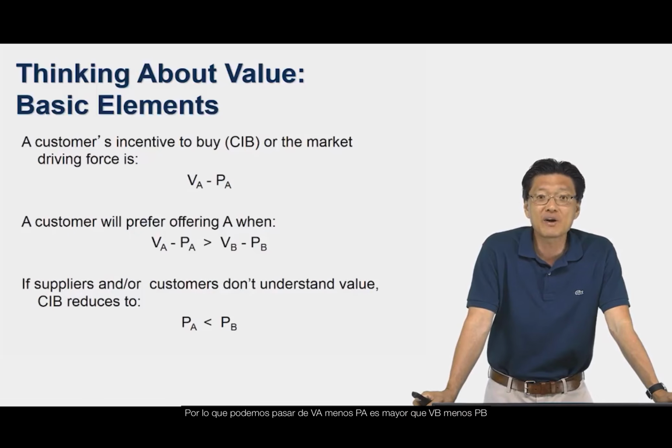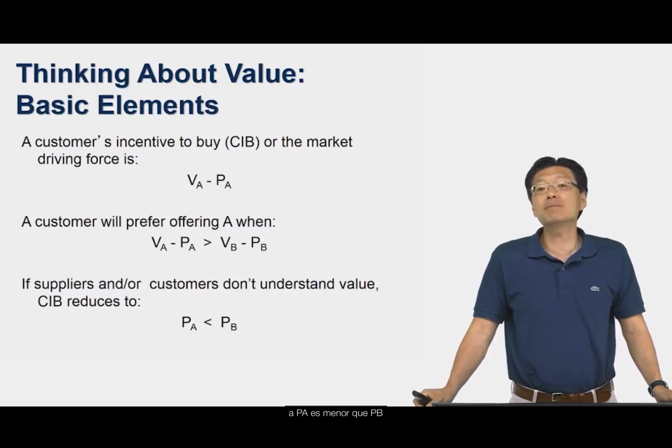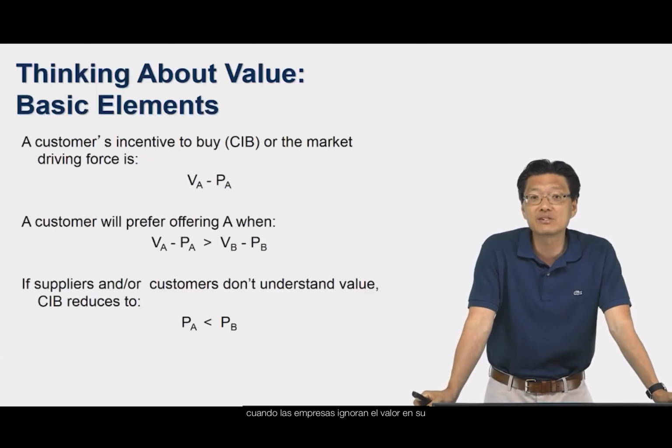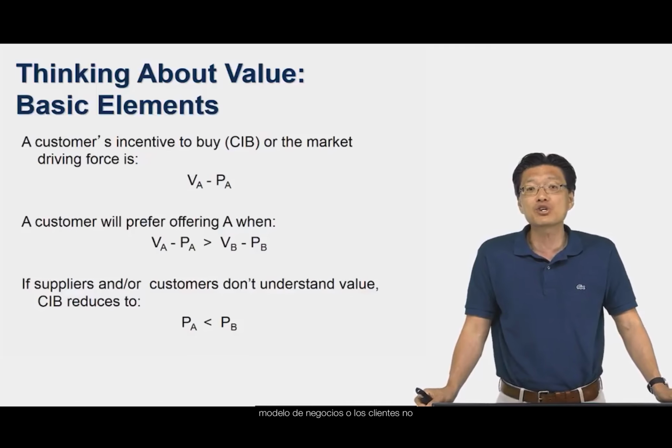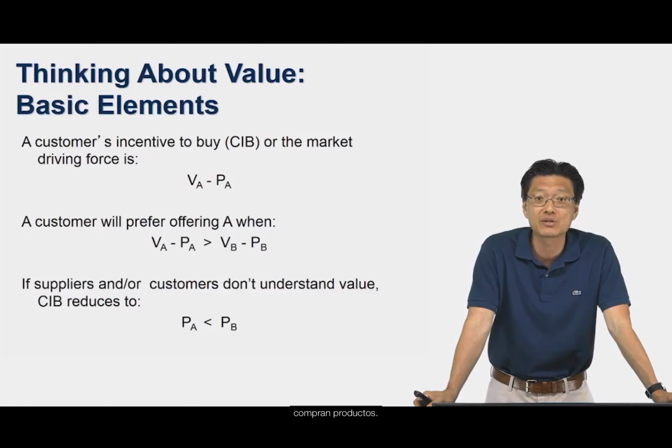So we can go from VA minus PA greater than VB minus PB to PA less than PB when firms ignore value in their business model, or customers ignore value when they buy products.